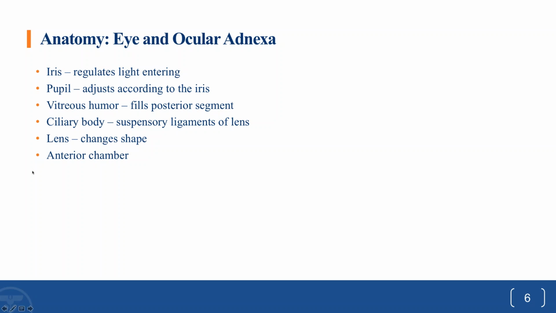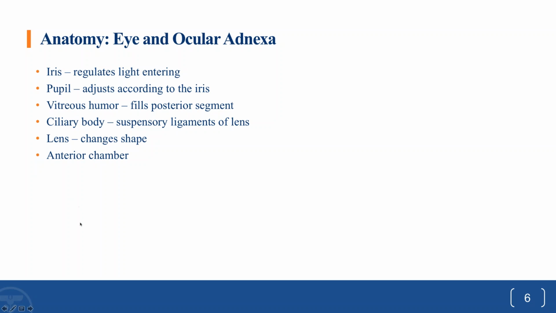And when I did the cow eyeball dissection, we do look at the anatomy of the eye, so we are able to notice and recognize the iris, the pupil, the vitreous humor. That's all the jelly that's inside, the ligaments that hold the lens, and the actual shape of the lens, and the anterior chamber of the eyeball, which looks like a little rainbow that reflects color when you're looking at things.